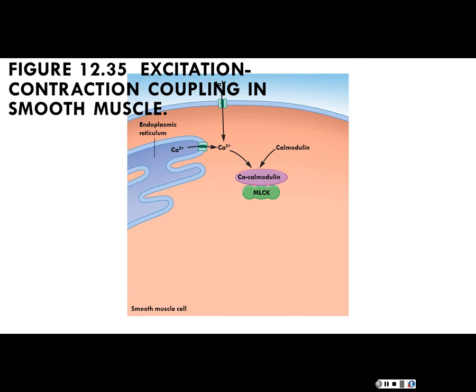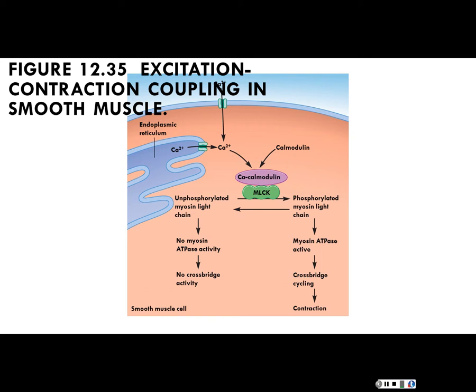Okay, so calmodulin activates myosin kinase, which then allows for. All right. Don't write all this down. Calcium calmodulin activates what?